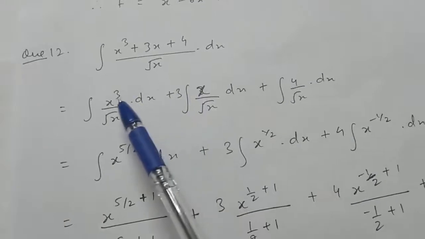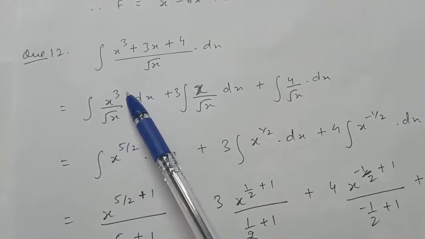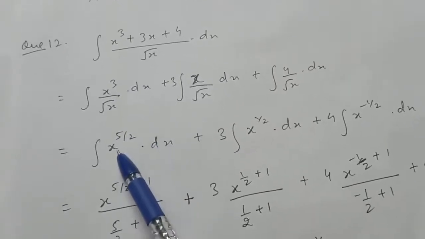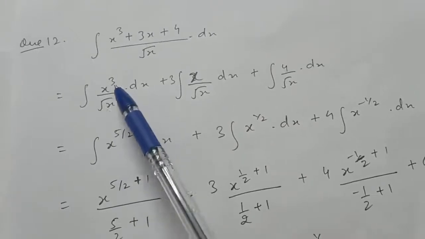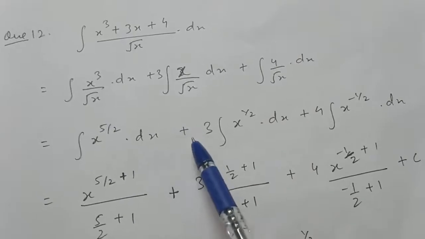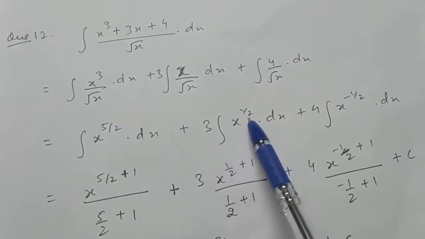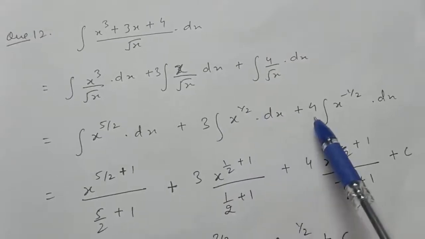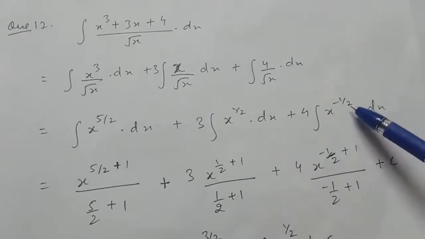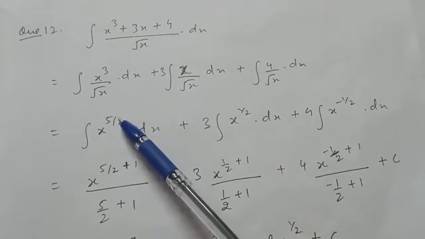Now see, when you divide x cube by root x, this is x cube, this is x raised to the power 1 by 2. So you will get x raised to the power 3 minus 1 by 2, which is x raised to the power 5 by 2, plus 3 integral of x raised to the power 1 by 2 plus 4 integral of x raised to the power minus 1 by 2, right? Now this is integral of x raised to the power n.